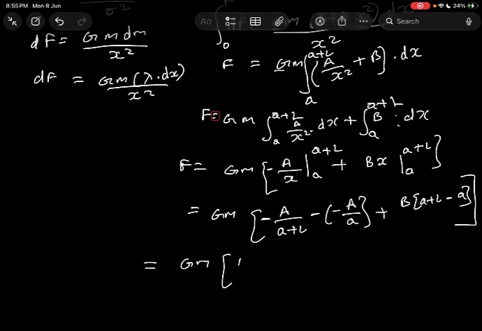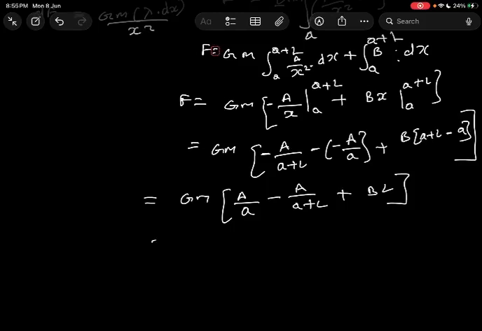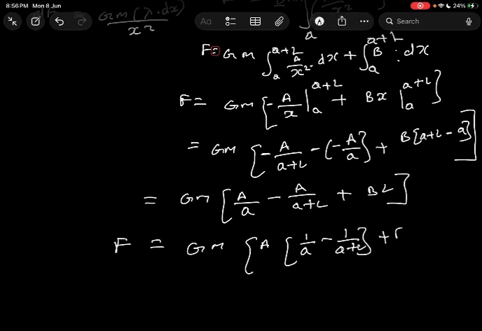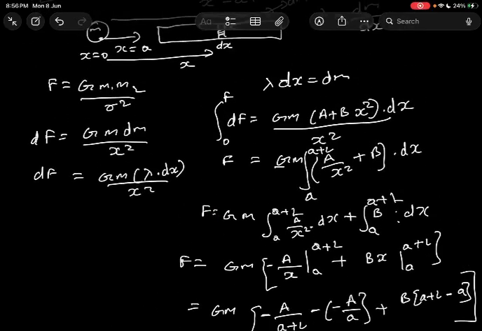And we are going to get over here just simple arithmetic, nothing complex, minus a of a plus l plus bl. And we should get that the force is equal to GM of, if we just take a common, 1 by a minus 1 by a plus l plus bl. This is the gravitational force for that system.